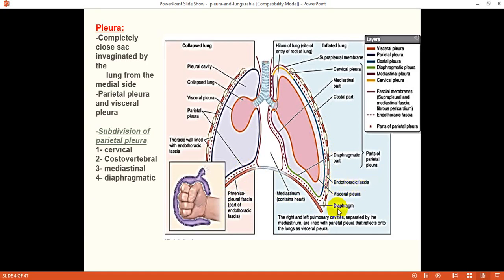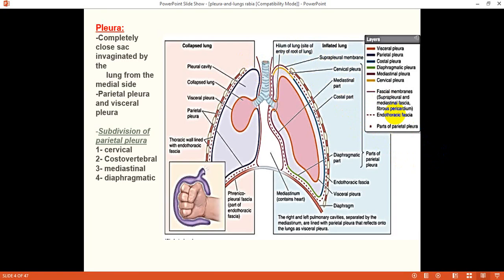So basically this is endothoracic fascia which is continued on the diaphragmatic surface as phrenicopleural fascia and also partially on the mediastinal surface. Just the part above the thoracic inlet is thickened to form the suprapleural membrane. And this is here just to protect the apex of the lung which is protruding into the root of the neck.